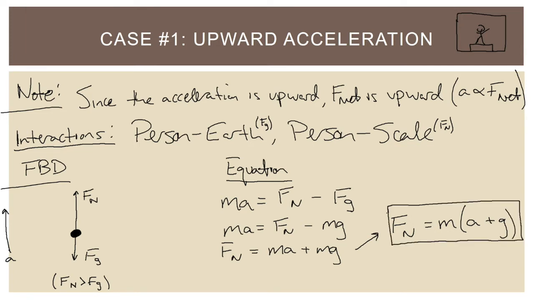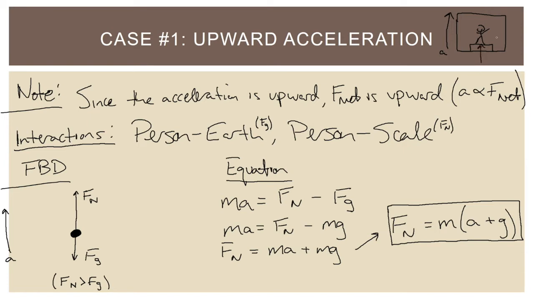And so what that tells us is when the acceleration gets bigger and bigger, the normal force, or the scale reading, is going to get bigger and bigger. And I think that actually makes sense if you really think about it, because if this person is accelerating upward, essentially what the bottom of the scale is doing is pushing up on the person.